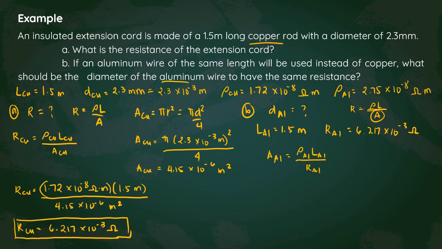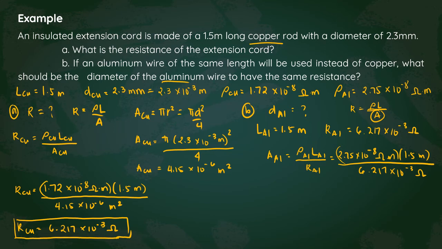We have the resistivity of aluminum at 2.75 times 10 raised to negative 8 ohm meter, multiplied by the length, which is 1.5 meters, multiplied by the resistance of the aluminum wire, which will be retained, the same as the resistance of the copper, 6.217 times 10 raised to negative 3 ohms.